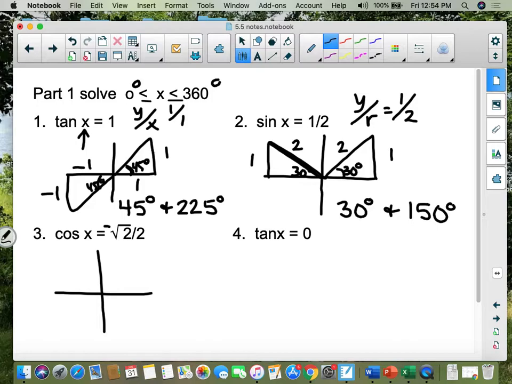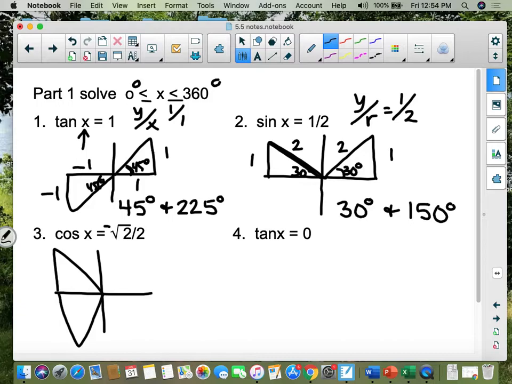All students, that's positive. So if students is positive here, that means cosine is negative here, correct? Cosine is negative in this quadrant. Tangent is the only one that's positive in this one, right? That means cosine is negative in this quadrant. Cosine is negative in this one and this one.